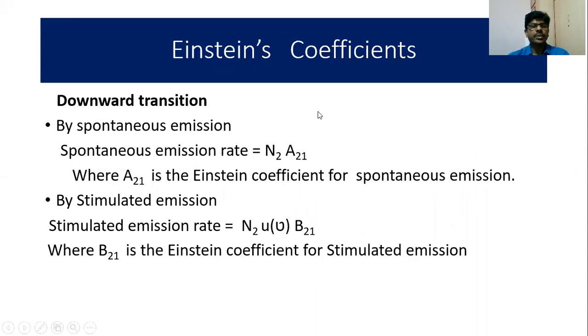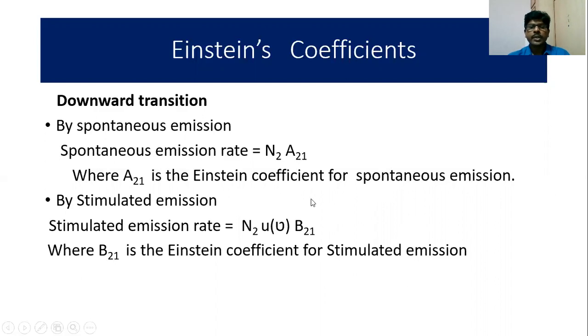In downward transition, by spontaneous emission, the spontaneous emission rate is given by N2 A21, where A21 is the Einstein's coefficient for spontaneous emission. Here we don't have the term U nu, energy density, because for spontaneous emission, the particles don't require external energy to come down.